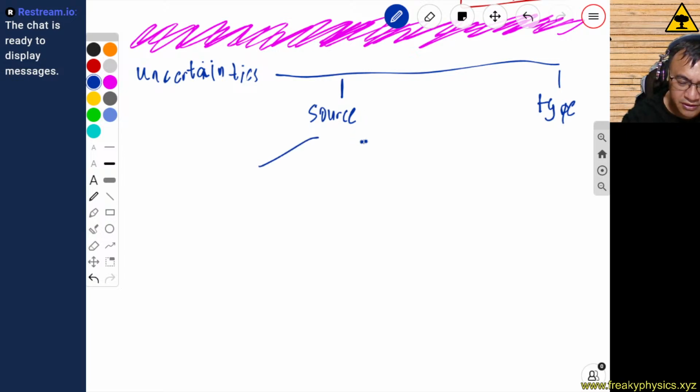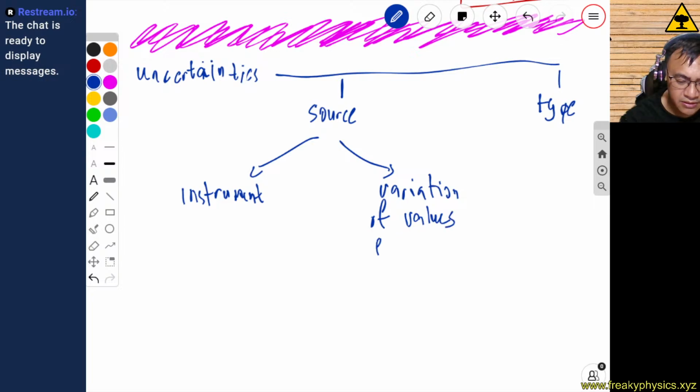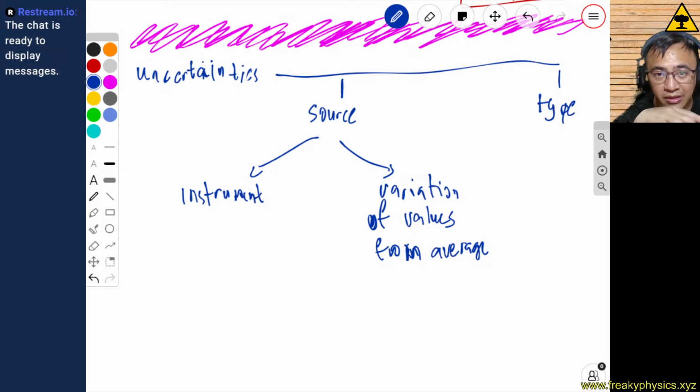Now, the source of the uncertainty can be either the instrument, or the variation of values from the mean, or from the average. I'm using a technical term here, but all you have to remember, at least for the lower levels, is that when we say variation, it's just how far off a particular value is from the mean.